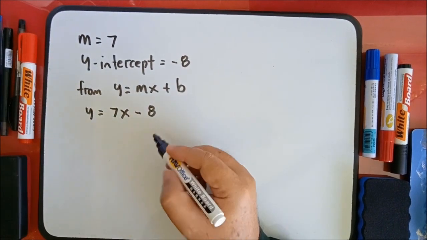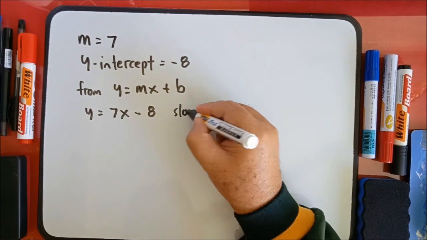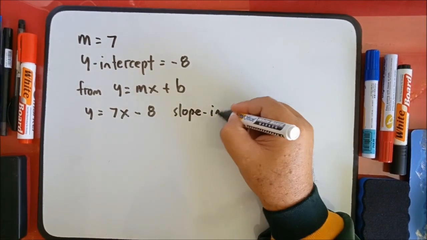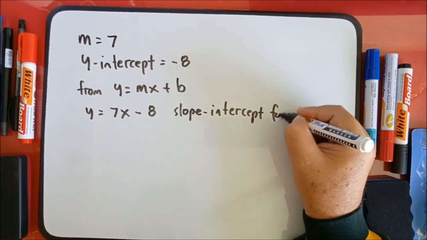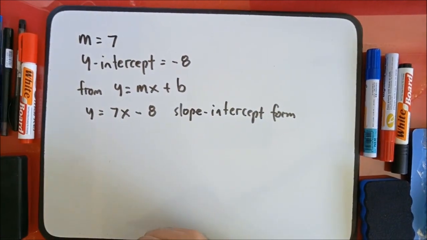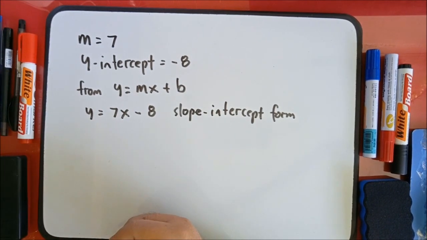Now, this is your slope-intercept form of the linear equation. How will you convert this to the standard form?